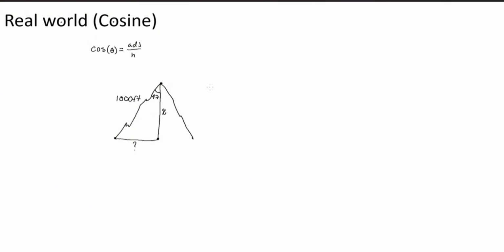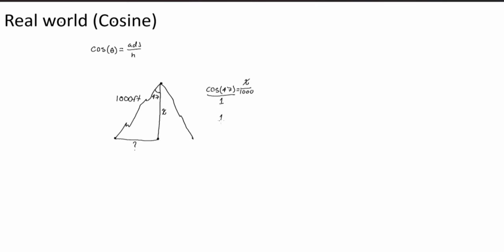Well, let's use cosine to figure out the height of this mountain. We can set this up as cosine of 47 is equal to the adjacent side, which is x, unknown, over the hypotenuse, which is 1,000. And we can do what we did previously with sine: divide cosine by 1 and then cross multiply.